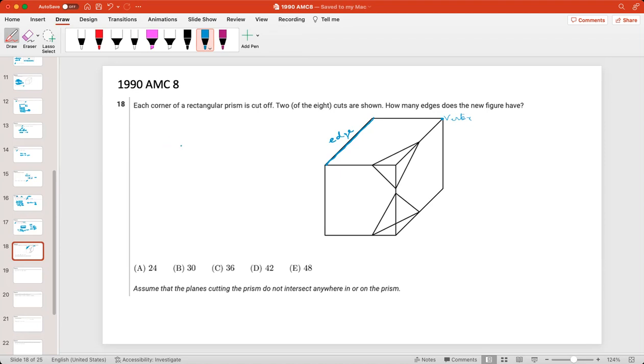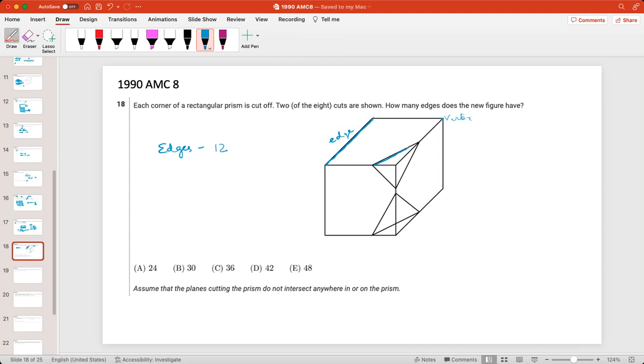Now, how many existing edges does this figure already have? Right? So I have 4. Then we have 4, 5, 6, 7, 4 plus 4, 8, 9, 10, 11, 12. So initially we have 12 edges. We have to find the edges of the new figure, and I have 8 vertices, each of which is going to add 3 more edges.